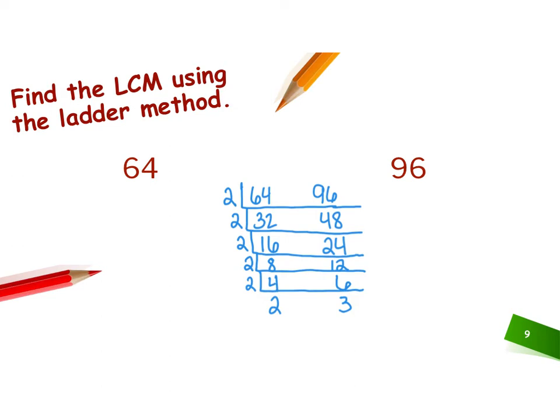The next thing I will do is highlight all of my numbers on the outside of the ladder. And they form an L. I will need to multiply all of these numbers together to find my LCM.